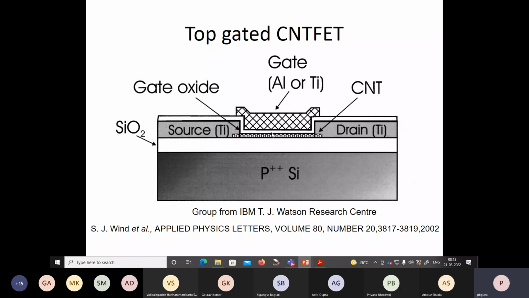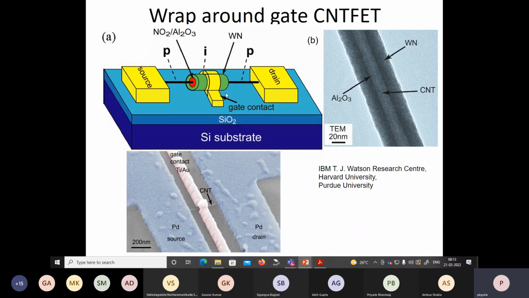Then we talked about wrap around gate CNT FET, where the gate wraps around the CNT. This will give you better control, but the process of fabricating this is much more complicated. After realizing the gate oxide around the CNT, you etch out the gate oxide from the source and drain region, and then you deposit contacts. You can also dope the CNT if you need, at the source and drain region.